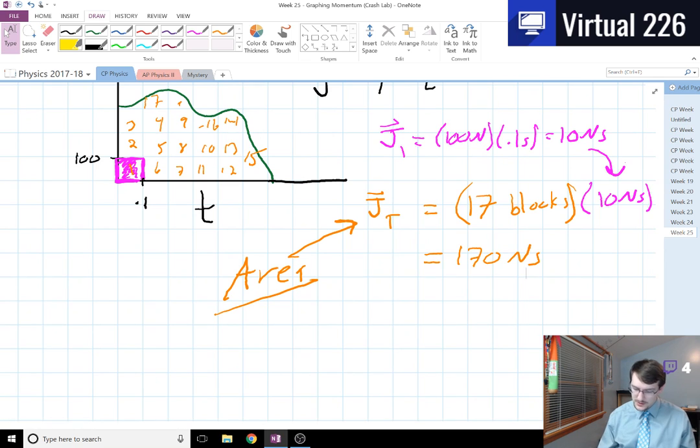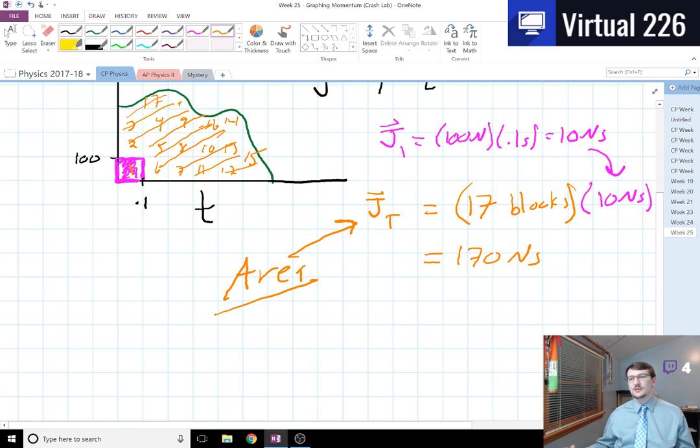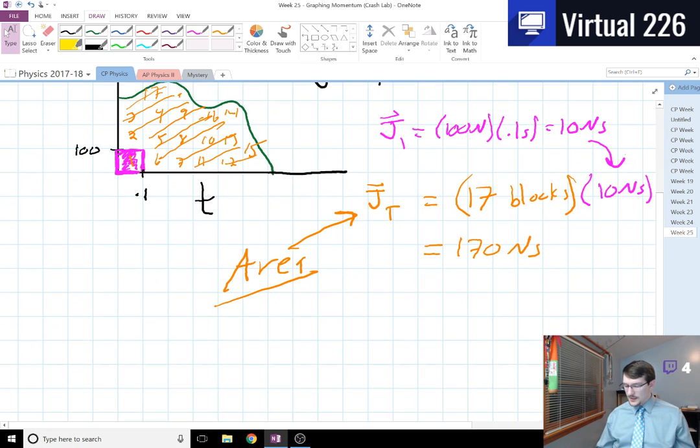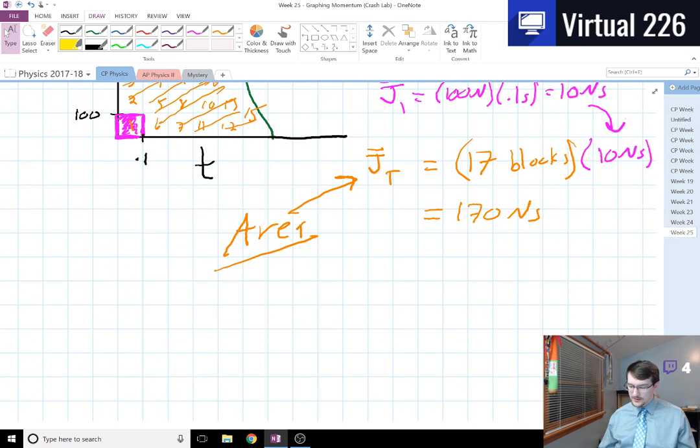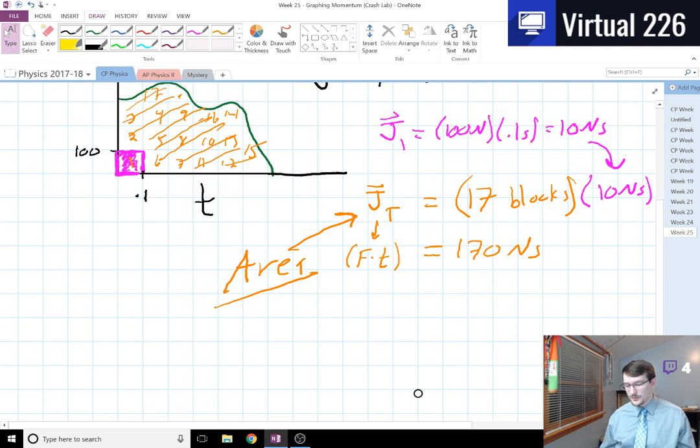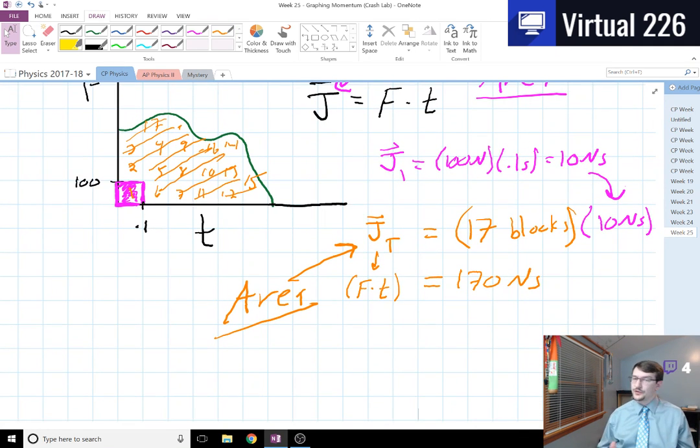And that's just what all of this represents. That's 170 newton seconds of impulse. Remember what we have just done here: this total impulse, JT, is the quantity force times time, except a little bit more descriptive, because this force can vary in time.